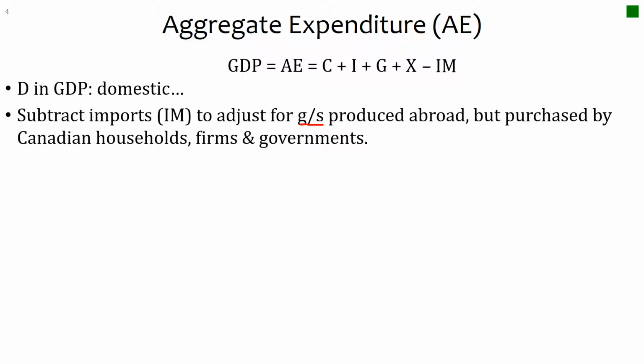So the subtraction of imports is just an adjustment, all right? The symbol for imports is IM in the book. It's also used as M sometimes, right? But we're going to use IM. You might have seen M before, it's the same thing anyway. So this is a very useful formula. Highlight it or underline it because you're going to need it a lot.